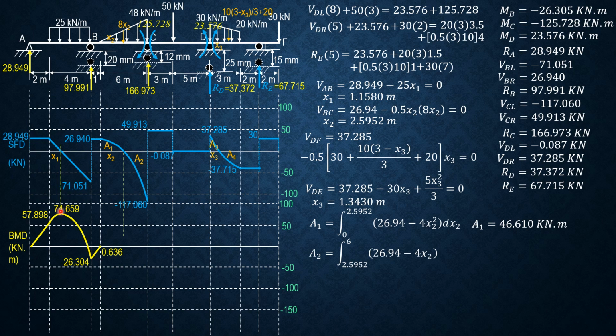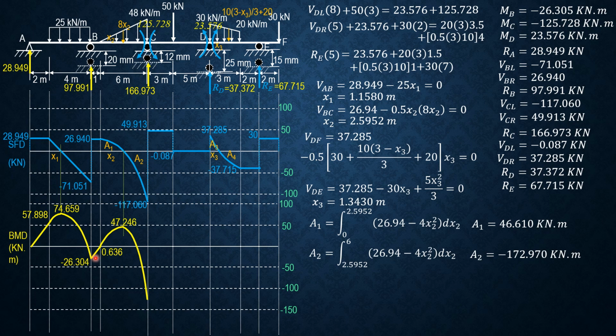Next, for the ordinate here, negative increasing. So 74.659 minus the area here, which is 1 half of the quantity 4 minus x1, 4 minus 1.158 times negative 71.051, and it is equal to negative 26.304.